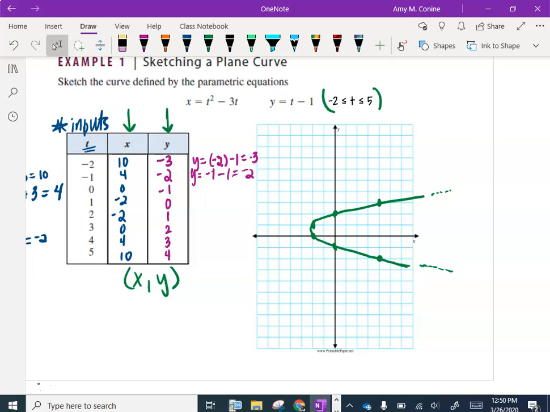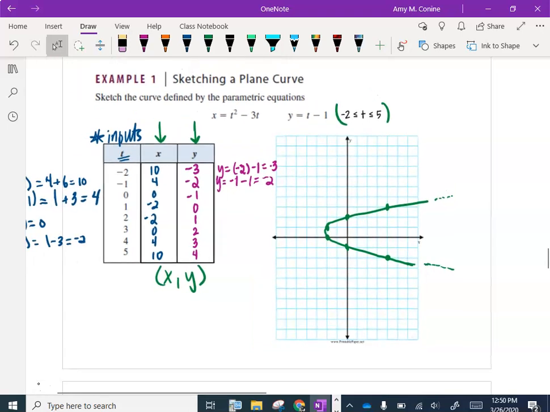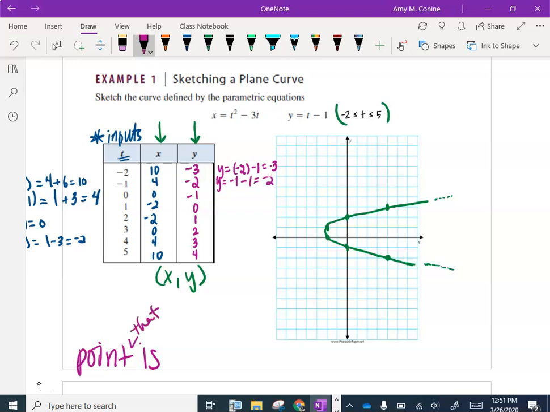We need to think of our graphs as time and motion, something that's continually moving. So this graph represents a point that is moving. We're going to write arrows on here to represent the motion.